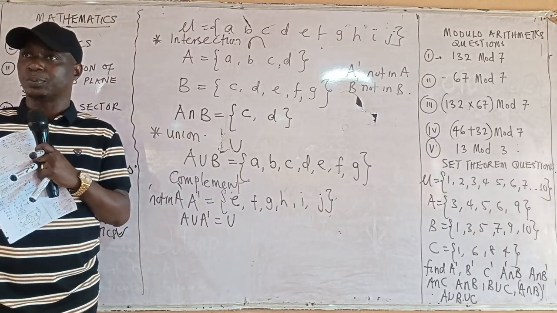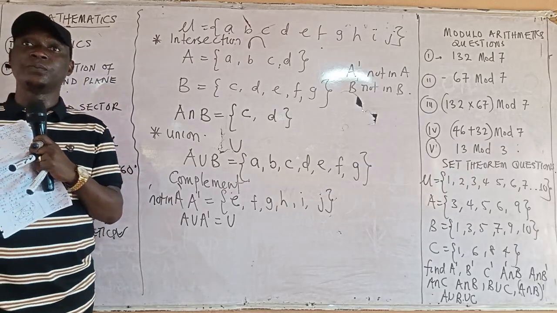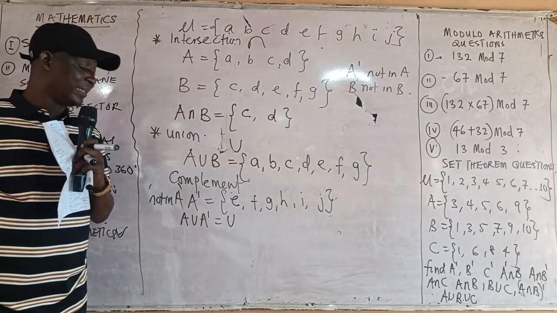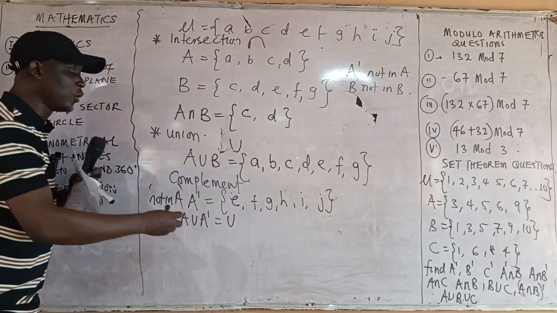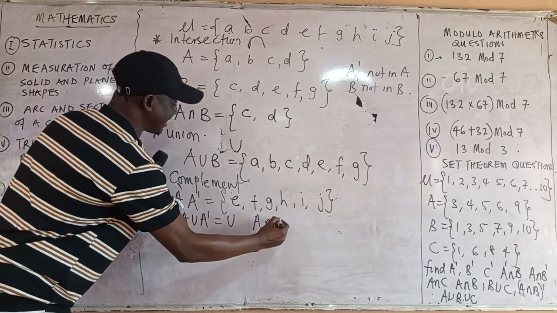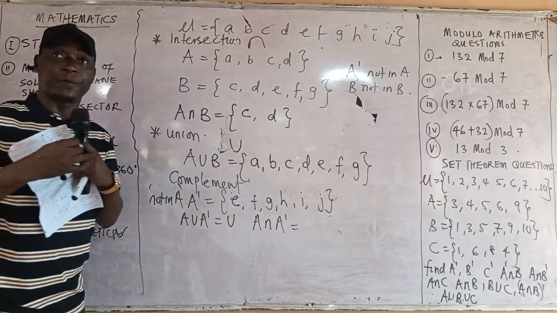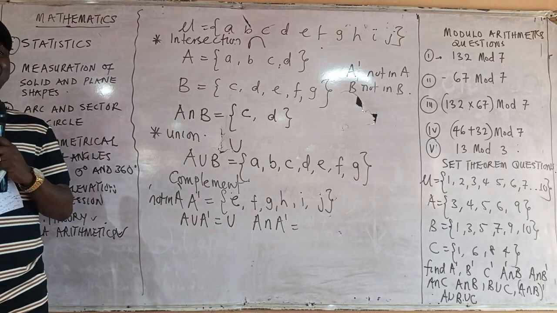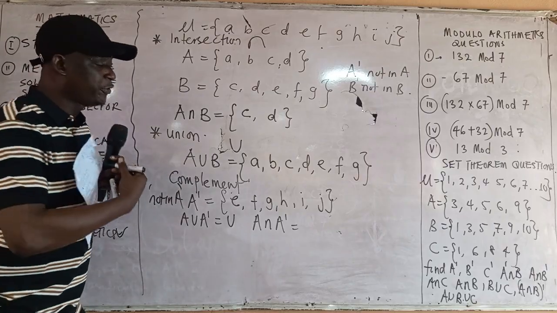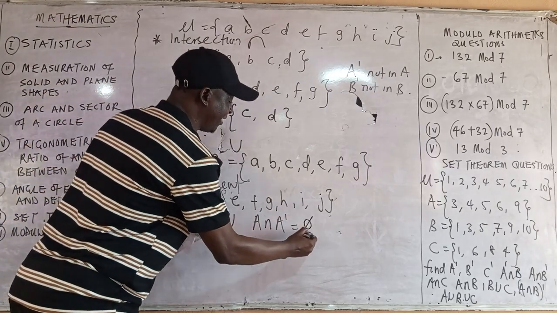So you see in some textbooks they will say A union A prime is what? Universal set. What if I want to find A intersection A prime? Look at me. If I give you A, find A intersection A prime, it will give me an empty set.